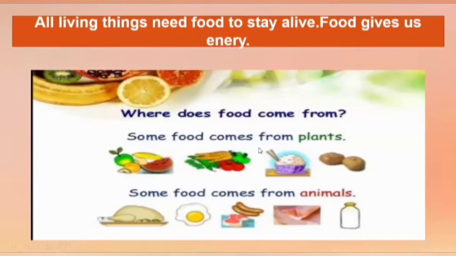These are the food that comes from the plants, and we eat some food that comes from the plants. And some food comes from the animals. Some food like chicken, egg, very good, and meat, milk. So some food comes from animals and some food comes from plants.